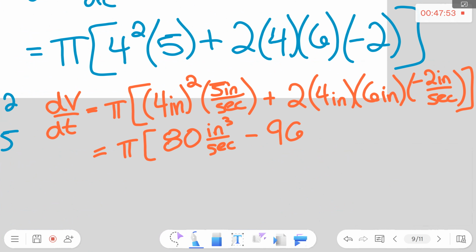Well, what do I have? I've got inches times inches times inches. Inches cubed per second. Just because you're subtracting it, you don't have to change the units. Yeah, you're multiplying them again. Correct. Negative 16 pi inches cubed.